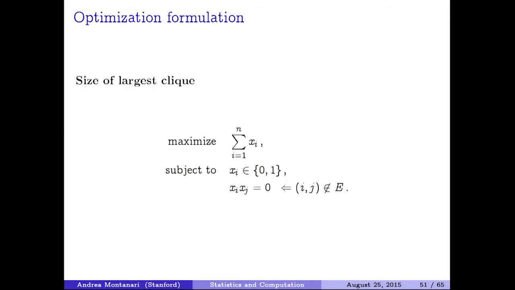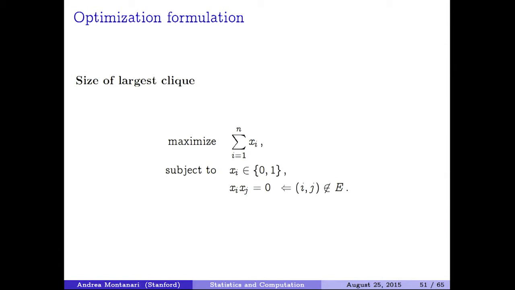So again, I'll give you an optimization formulation. What is the optimization formulation? You can write the size of the largest clique in this way. You have 0, 1 variables x_i that indicate whether vertex i belongs to the clique or not. And you maximize the sum over the x_i subject to x_i in {0, 1}, and every time that ij is not an edge, I say x_i x_j equals 0.